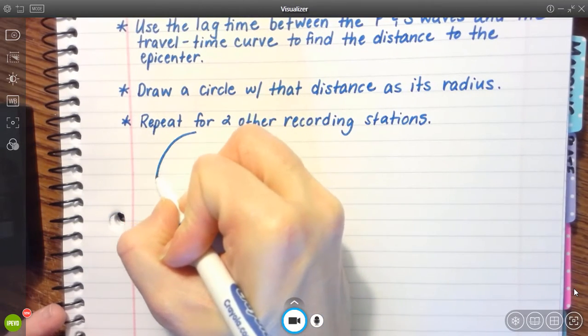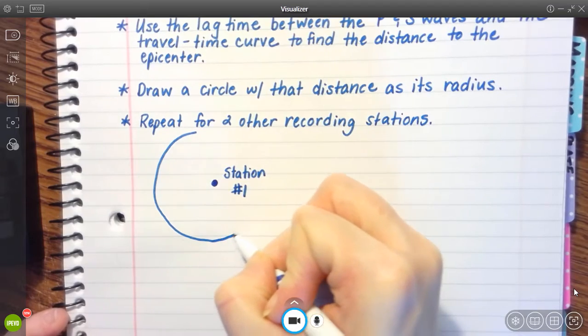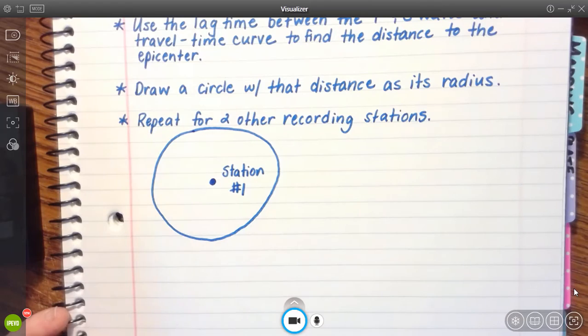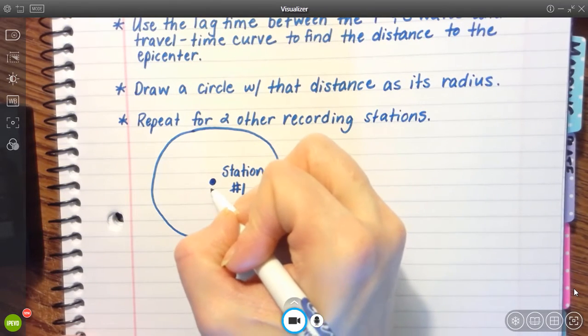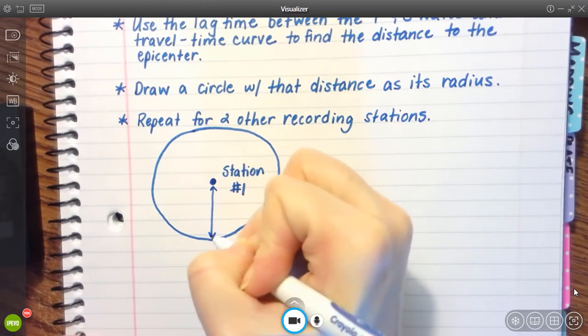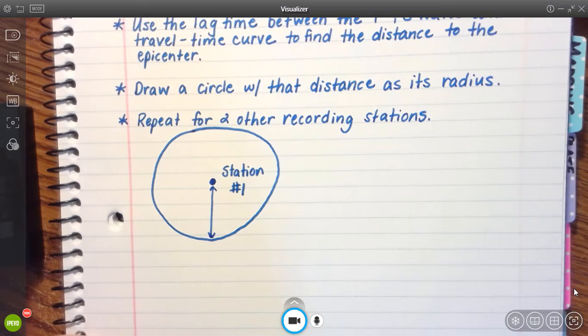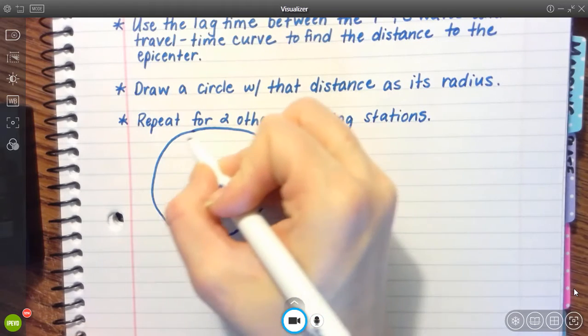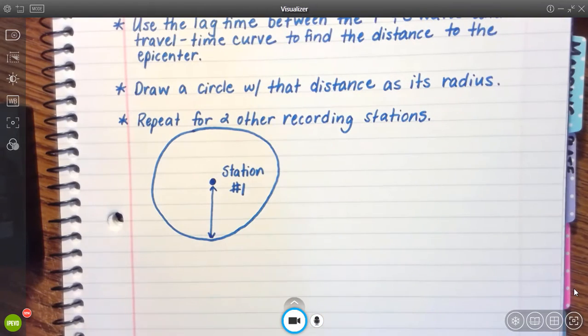We're going to assume that this was the distance to the epicenter for station 1. That's a pretty terrible circle. That's okay. Whatever this radius is, that was how far away it was from the epicenter. So that means the epicenter could have been at any of the points along this circle. At least it would be if I had a better circle.